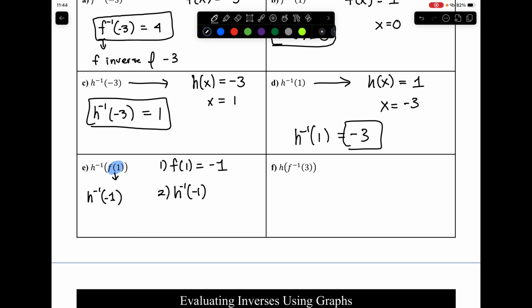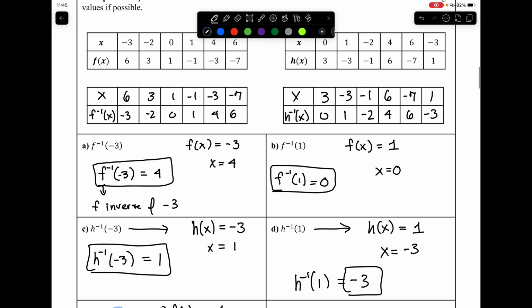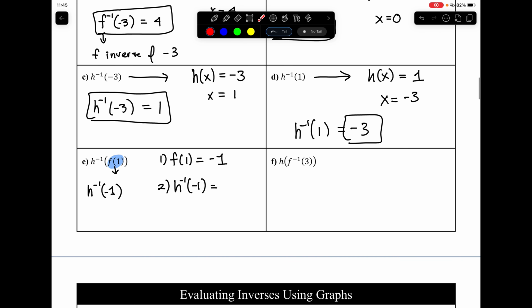So step 2 is now to evaluate the inverse of h at -1. Let's use the table for the inverse right here. Looking at when x is -1, the y value is -2. Or you could have done it the other way. Remember, this is the same thing as determining when h of x equals -1.